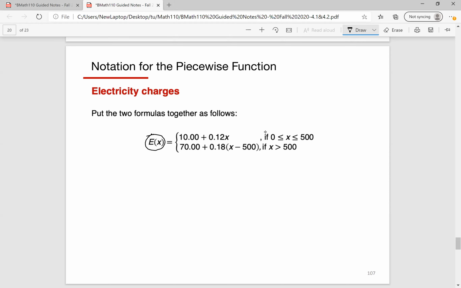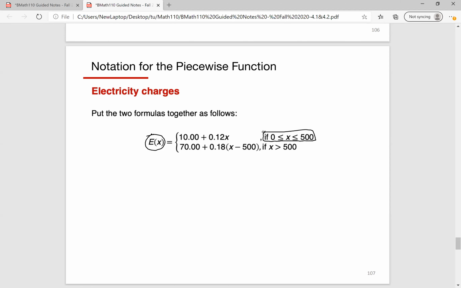The first case is where x is between 0 and 500, and then the rate becomes 0.12, and the base cost is gonna be $10.